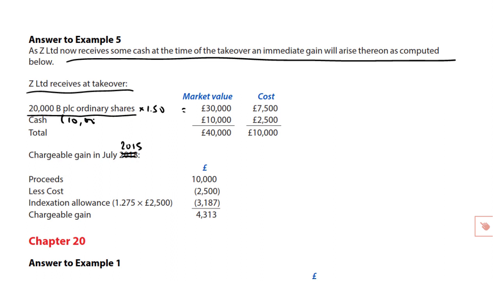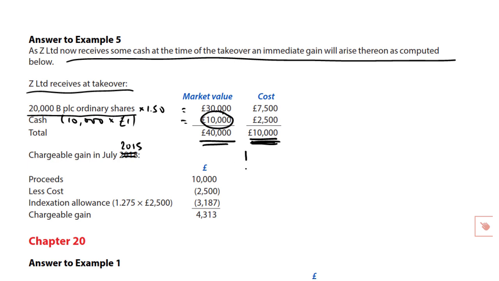We had 10,000 shares in A Limited, times £1 equals 10,000. 40,000 in total. Use that to split the same original cost of your original A Limited shares. That was £10,000. So what have we now got? You've got a receipt of cash of £10,000.